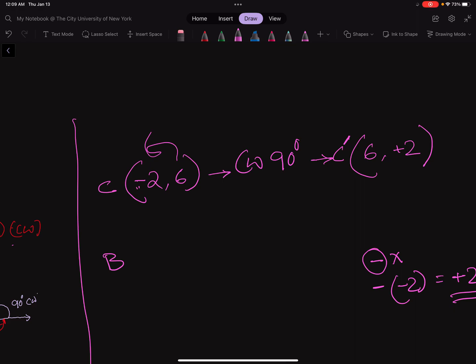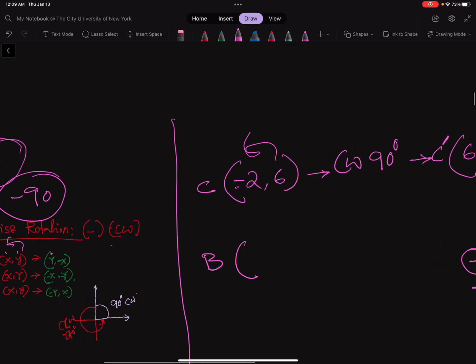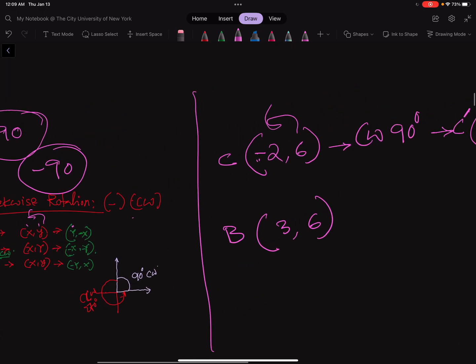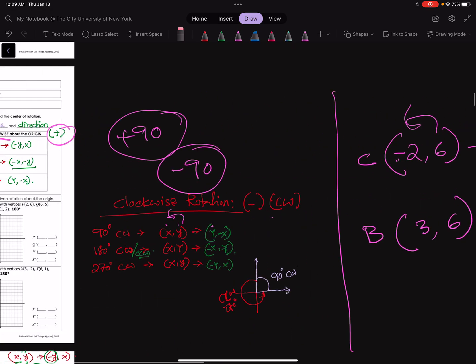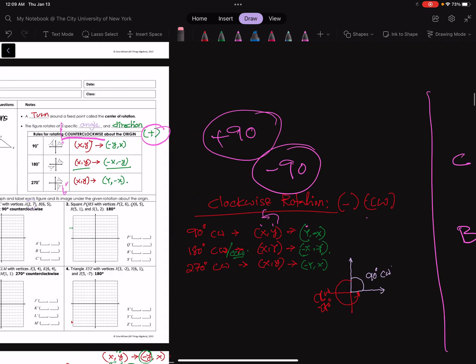Okay, there is a point B, which is let's say (3, 6), and I tell you that it's a 180 degree rotation. 180 degrees doesn't have any clockwise or counterclockwise. So go back to the rule. I'll suggest you do these things with the rule because you won't be having graph paper and all other things.